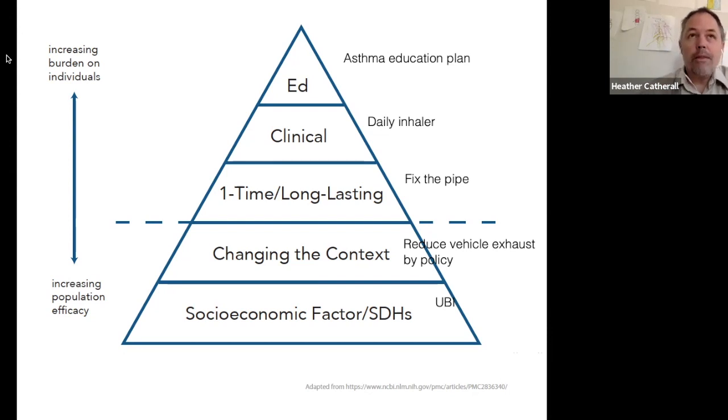But if you were able to do that, you wouldn't just be impacting the asthma. It's so fundamental that you'd be impacting the asthma and the obesity and the diabetes and the hypertension and the mental health issues and the substance abuse and the teen pregnancy and the school performance and the lifetime earnings, et cetera.